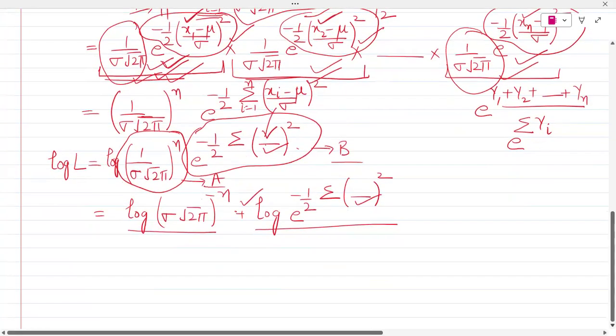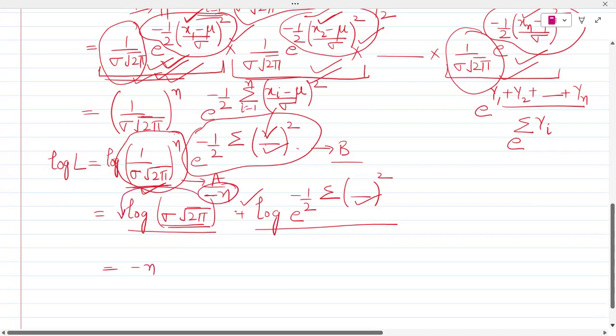So now this one is actually 1 by sigma root 2 pi, whole raised to n. Since it is in the denominator, once it comes to the numerator it will be minus n. Now this minus n can come here.